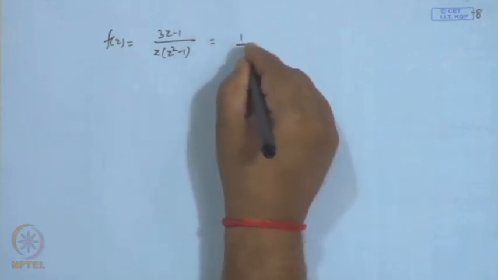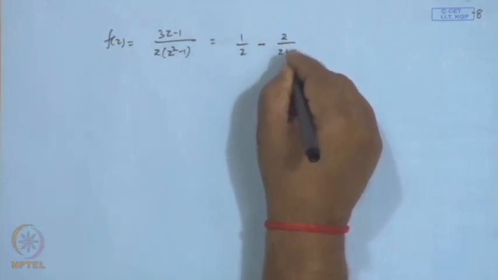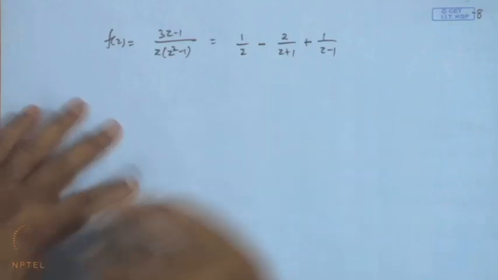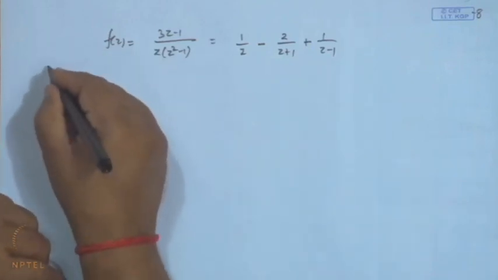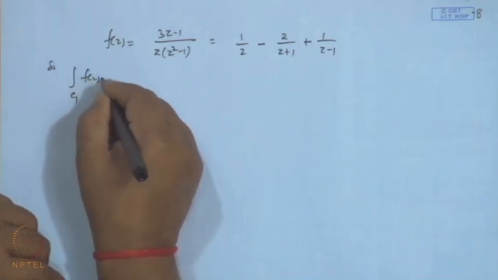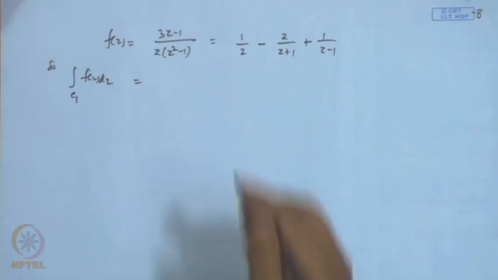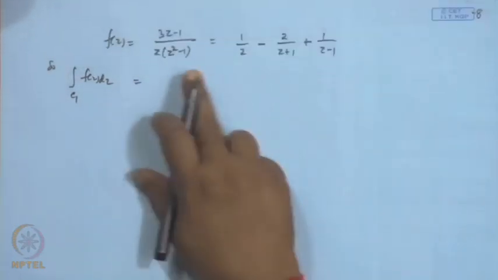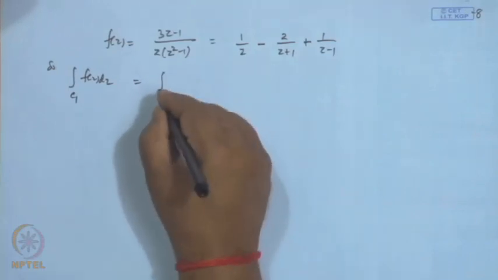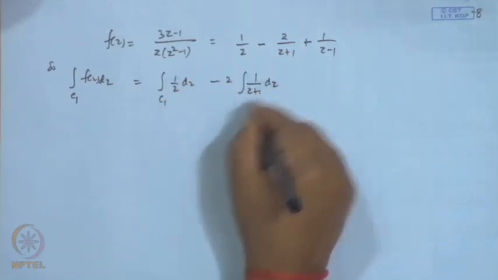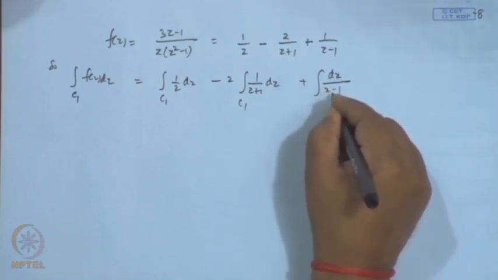If we write the partial fraction for this, it comes out to be 1 by z minus 2 by (z plus 1) plus 1 over (z minus 1). So, the integral along C1 of f(z) dz is equal to the integral along C1 of 1 by z dz, minus 2 times the integral of 1/(z plus 1) along C1, plus the integral of 1/(z minus 1) along C1.